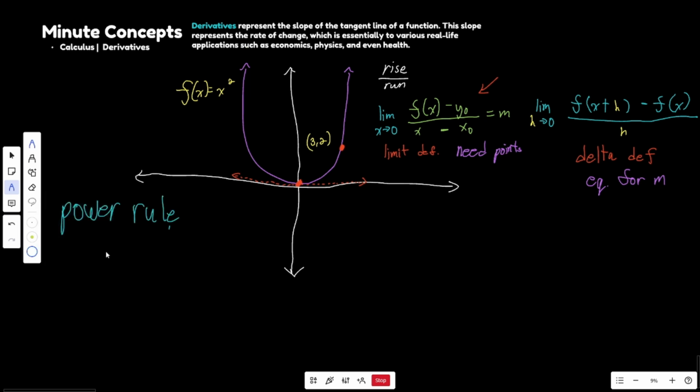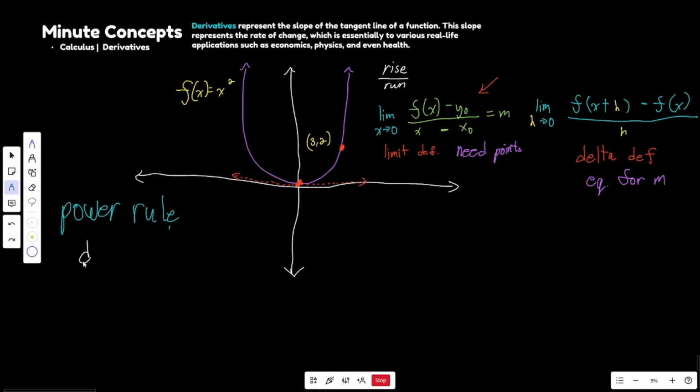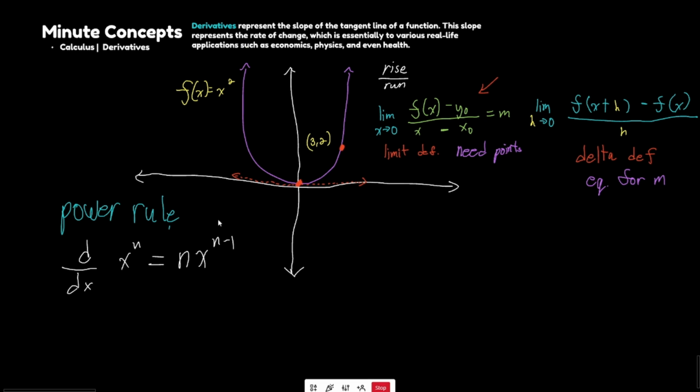Let's say the derivative of any variable x raised to a certain power is equal to that power multiplied by x to the power of the original power minus 1. In other words, if x is raised to n, then the derivative is equal to n times x to the power of n minus 1.